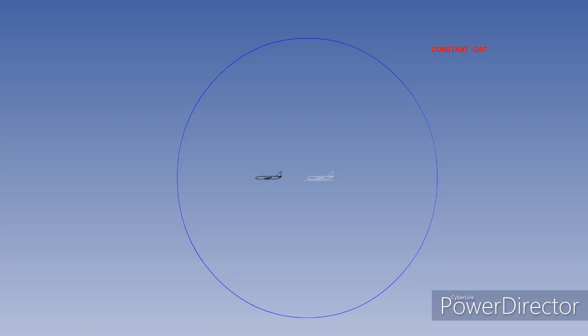So the pressure wave will travel the same distance through the air in the same time. But in the time it took for the pressure wave to propagate, the aircraft will have moved forward from the point source of the pressure wave. The pressure wave moved through the air at the local speed of sound, and the aircraft moved through the air at its true airspeed.